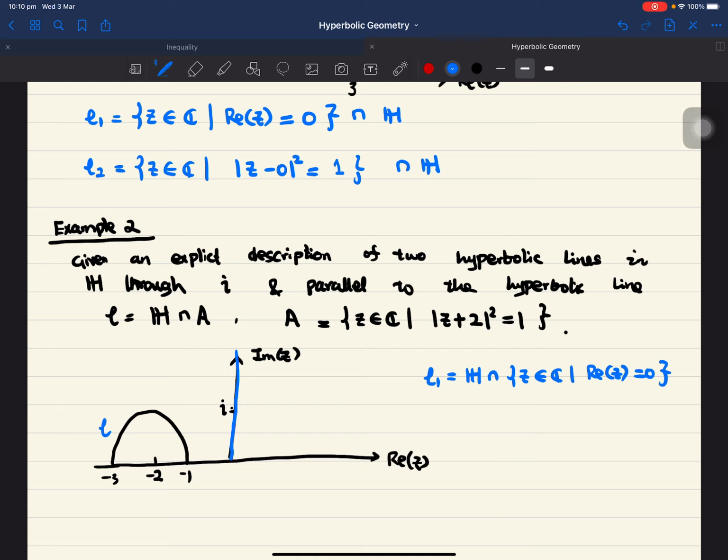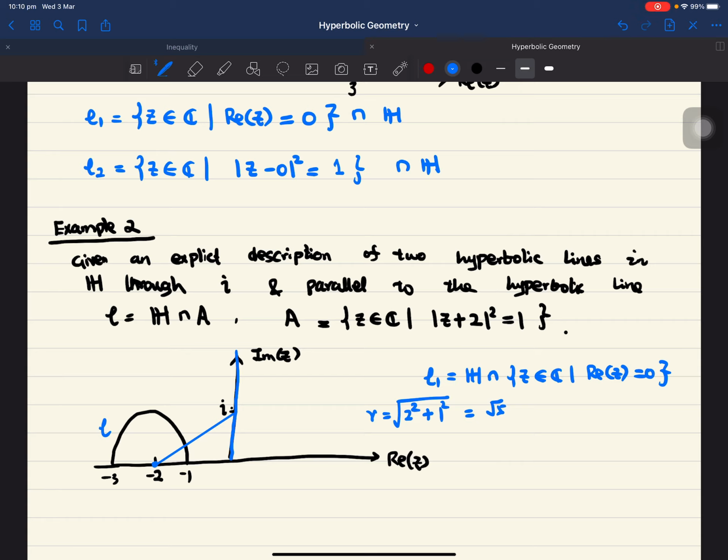One way we can do it is using a concentric Euclidean circle. That means a Euclidean circle also centered on the same point, minus 2, and with the radius from minus 2 to i. By the Pythagorean theorem, the radius would be 2 squared plus 1 squared, which is equal to root 5.